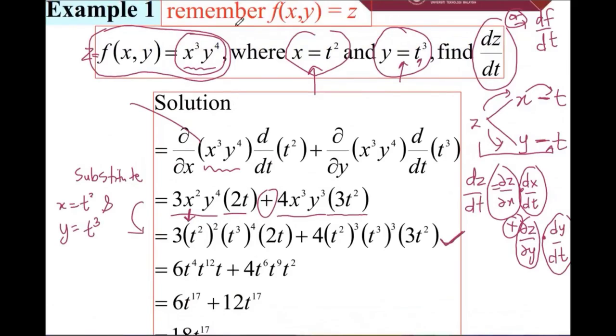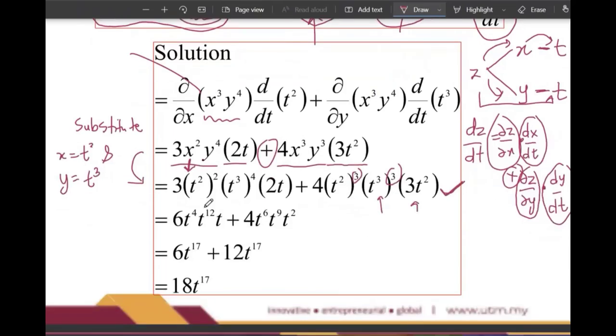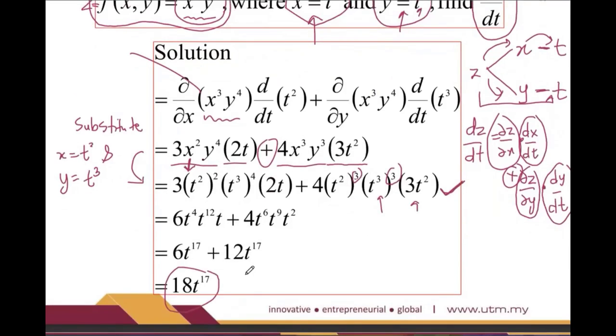Then you will get 3(t squared) power of 2, (t power of 3) power of 4, times 2t, plus 4(t power of 2) cubed, (t cubed) power of 3, times 3t squared. You simplify, you will get 18 t power of 17.